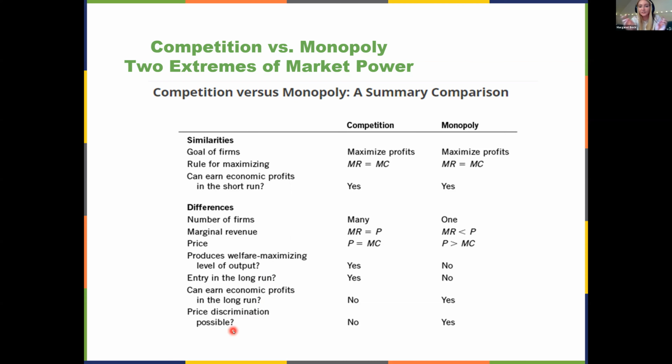But this perfect price discrimination is only something that exists in theory. It's only something that exists when we draw the pictures. And in the real world, it's kind of hard for one firm to know every single person's exact willingness to pay for a good or a service that we're talking about.